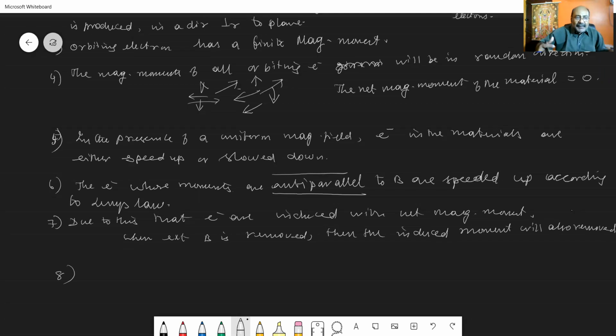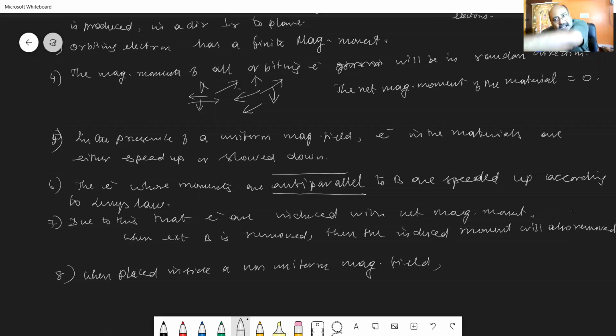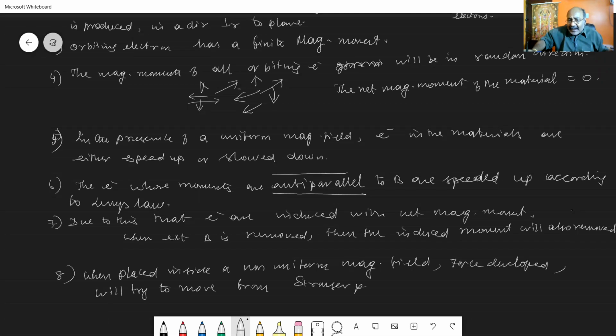When I place that material inside a non-uniform magnetic field, a force will be produced to move the material from the stronger part of the magnetic field to the weaker part. The force developed on that material will try to move it from the stronger part to the weaker part.